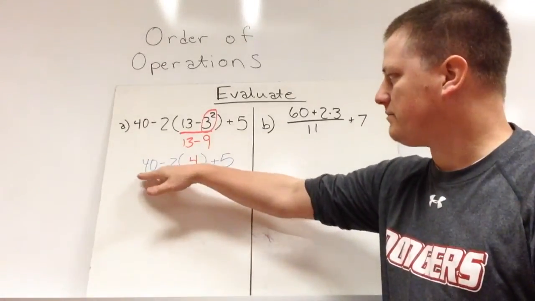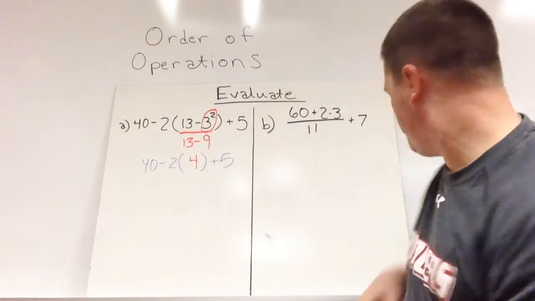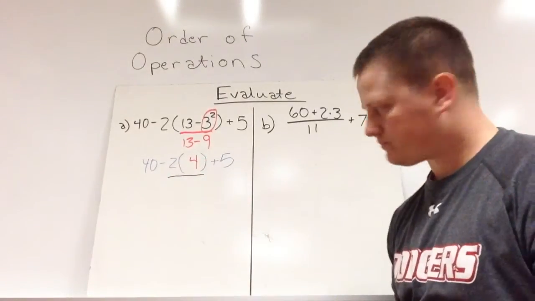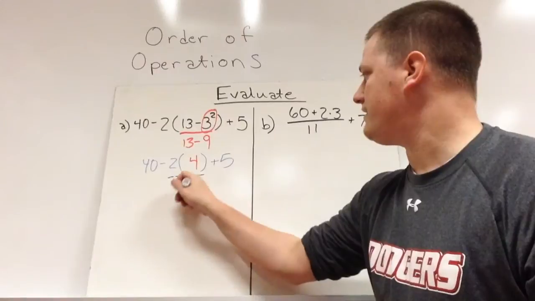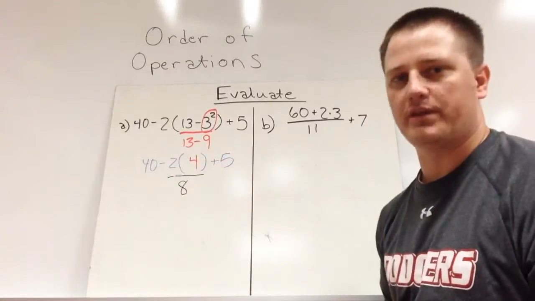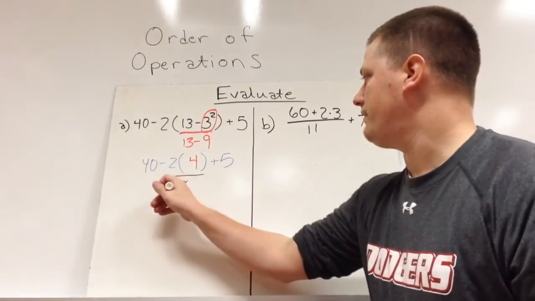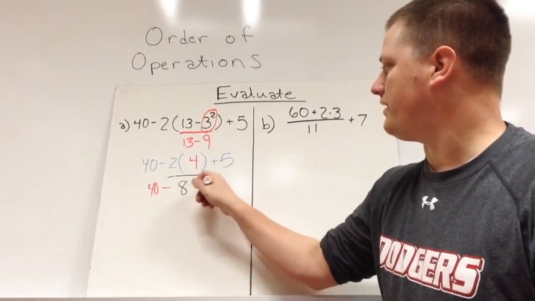Then we've got subtraction, multiplication, and addition. Our next step would be to multiply right here. So 2 times 4 gives us 8, and that's going to take the place of the 2 times 4. And around it, we're going to put in 40 minus 8, and plus 5.